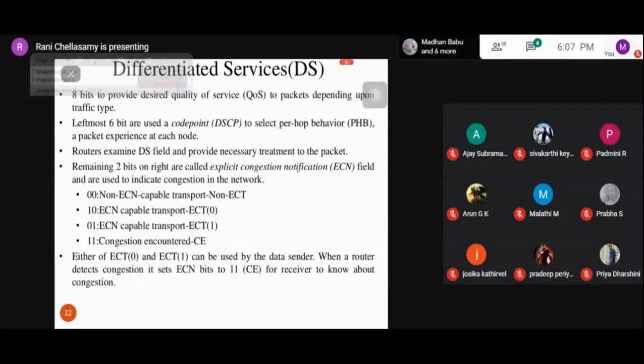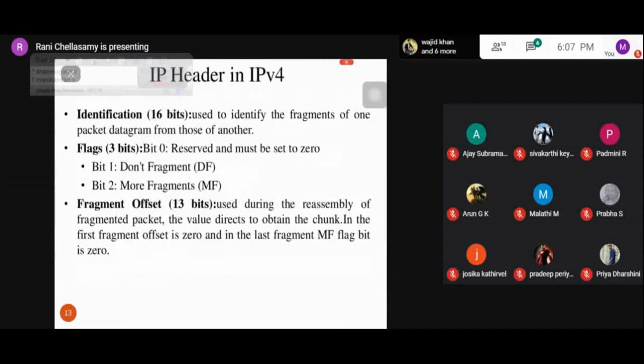Next, identification is a 16-bit field used to identify the fragments of one datagram from those of another. Coming to the flag field, there are 3 bits: bit 0, bit 1, and bit 2.